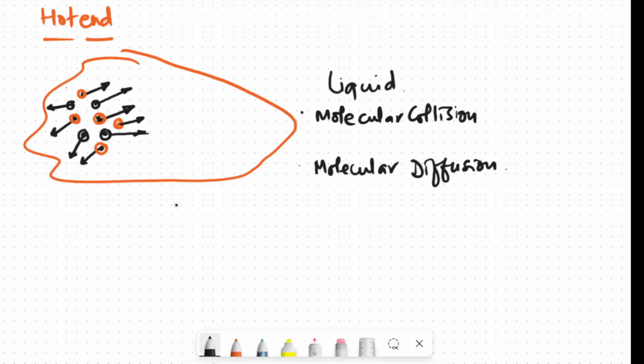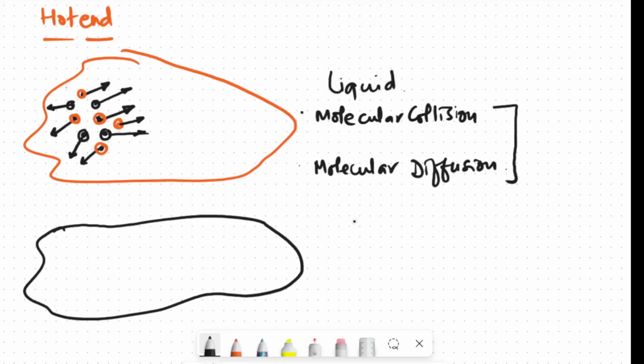As the molecules spread into the volume of the liquid, the conduction will take place. Now, friends, understand that the quantity of heat conducted in case of solids will be more as compared to the liquids, because the quantity transferred by collision and diffusion will be comparatively lesser. Now, let's talk about gases.